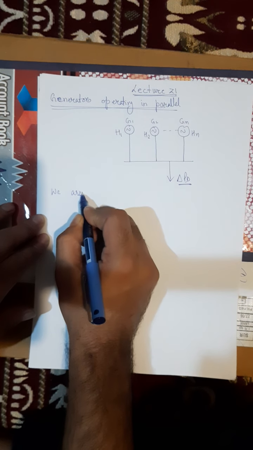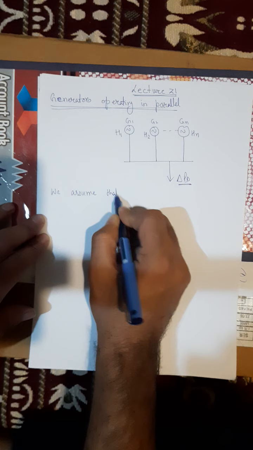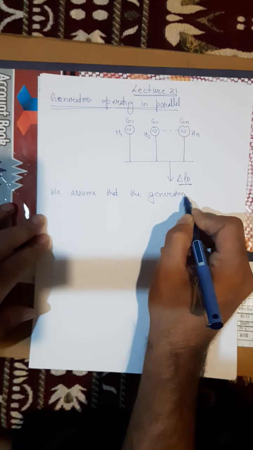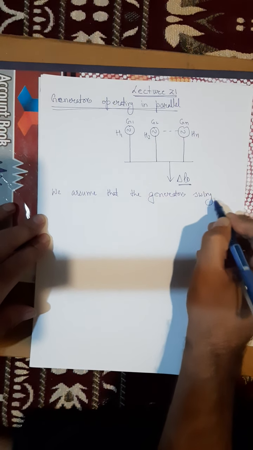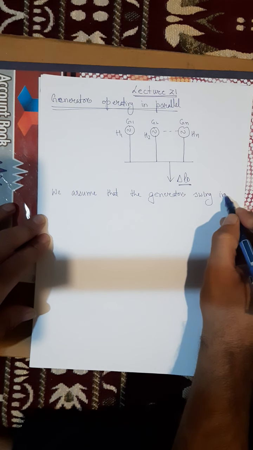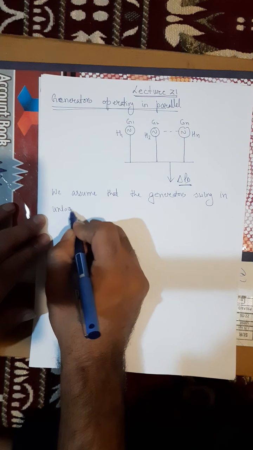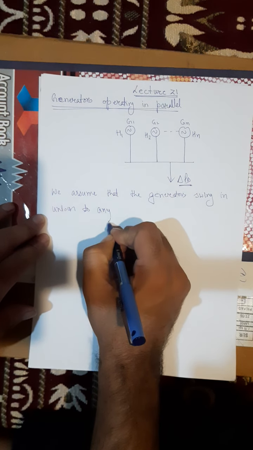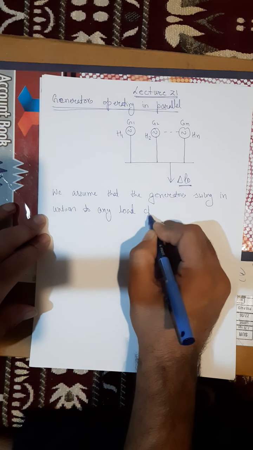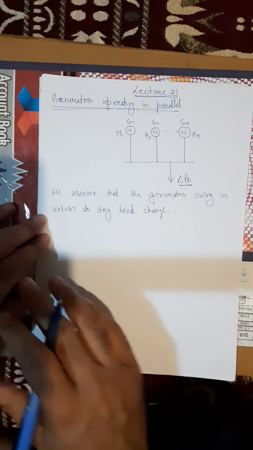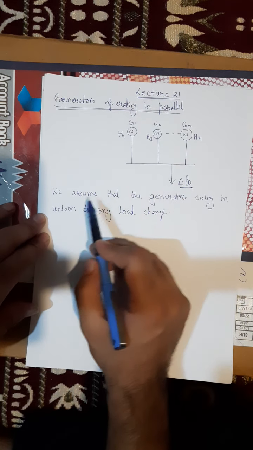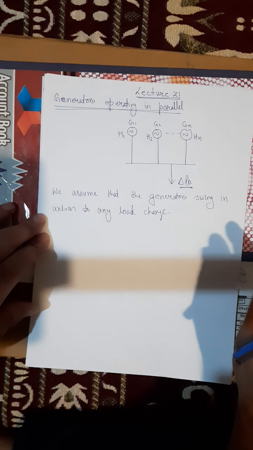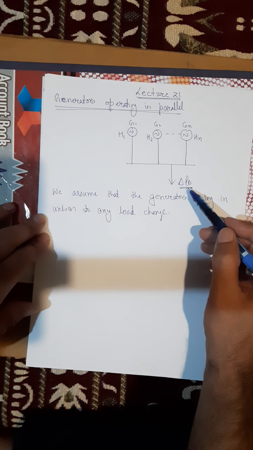We assume that the generators swing, meaning rotate, in unison to any load change. What do I mean by that? All the generators swing together if there is any change in load.